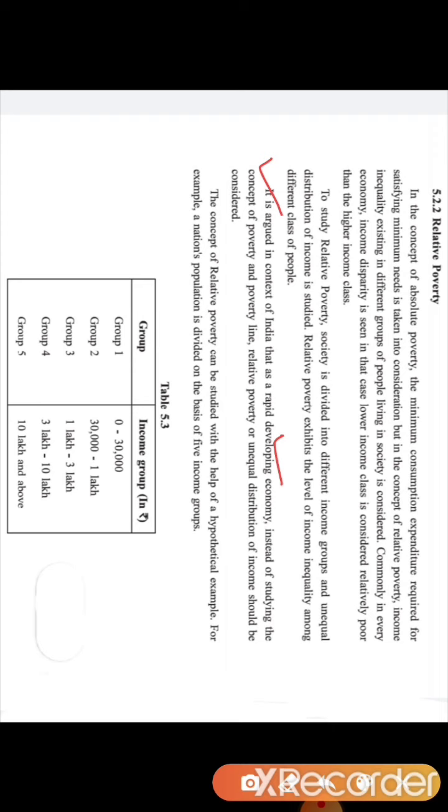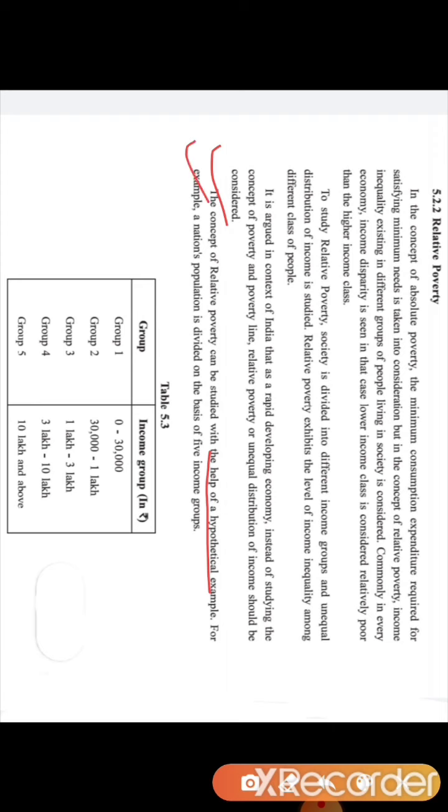So instead of measuring poverty in India by the absolute poverty concept, India should accept the relative poverty concept to measure poverty. The concept of relative poverty can be studied with the help of a hypothetical example.